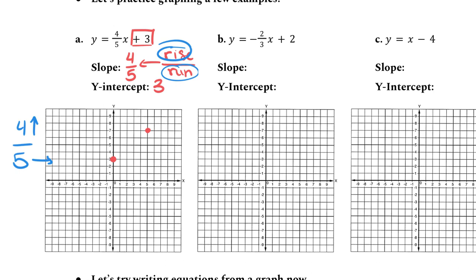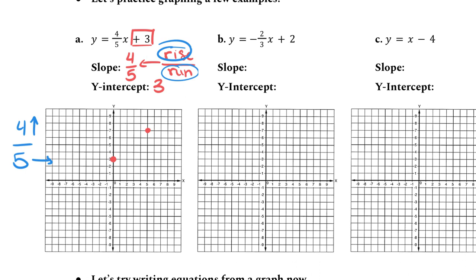Okay? So now that's a good start. What we want to do is see if we can put more points. So I'm going to go from here and go up 4 again. 1, 2, 3, 4. Well, I go off the graph, so I'm not going to put any more points this way. However, I do want to fill out the line. The line is supposed to look something like this, right? It needs to go like that. So we need a point back this way.